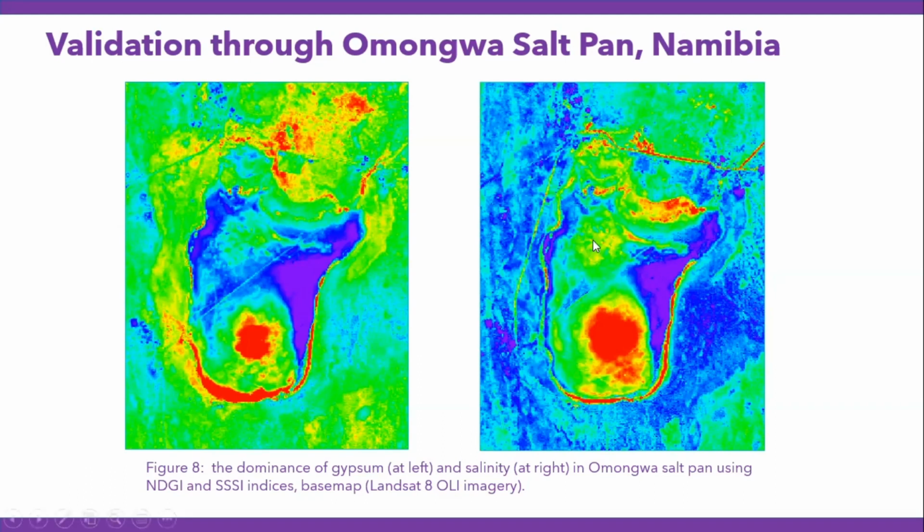While the right figure is the salinity index, which shows greater sensitivity to salt and all evaporite minerals. It means the salinity index focuses only on salt, while the gypsum index focuses only on gypsum. So the salinity index highlights everything about salt, and the gypsum index focuses on and highlights just gypsum.